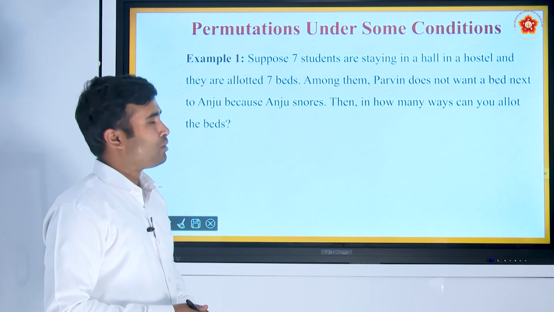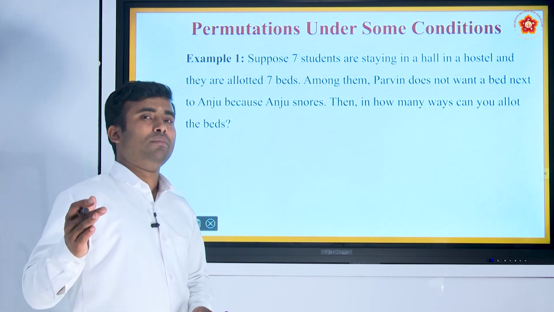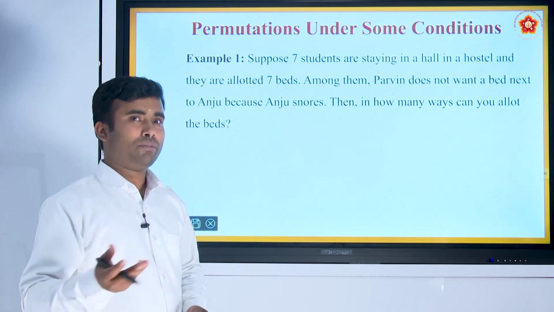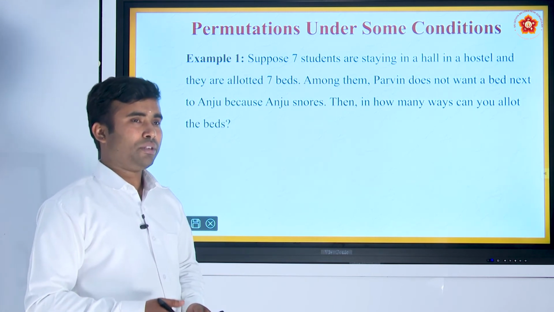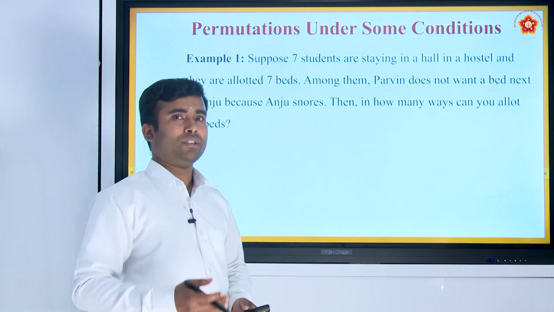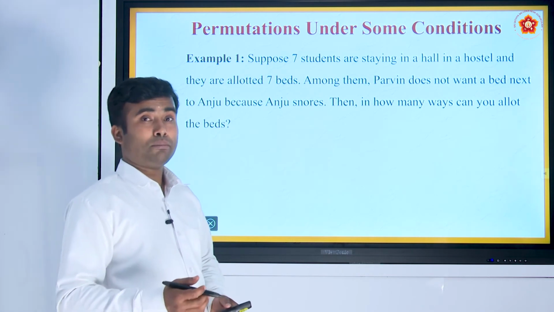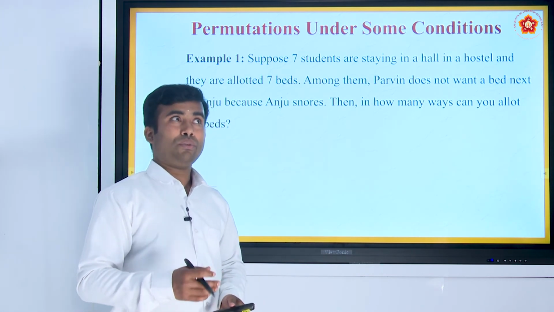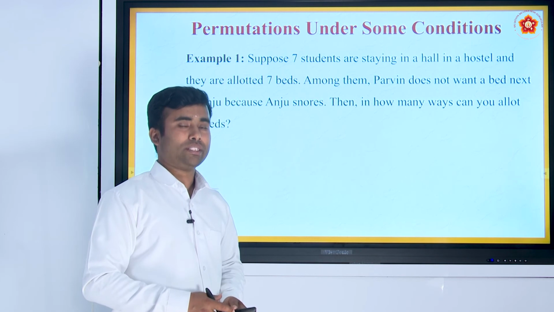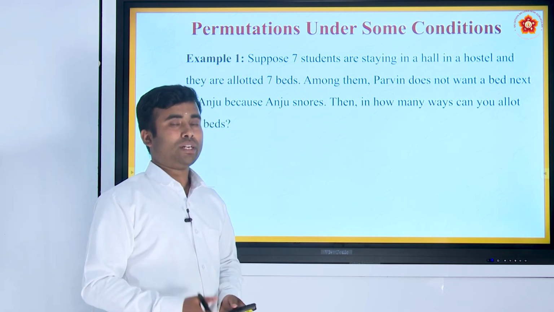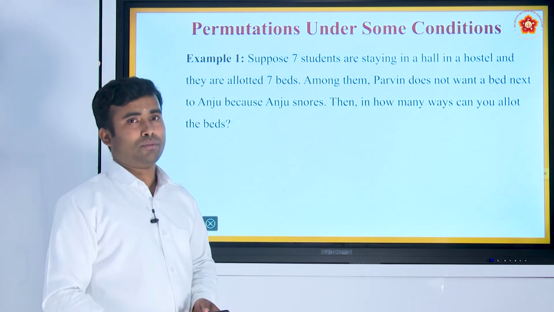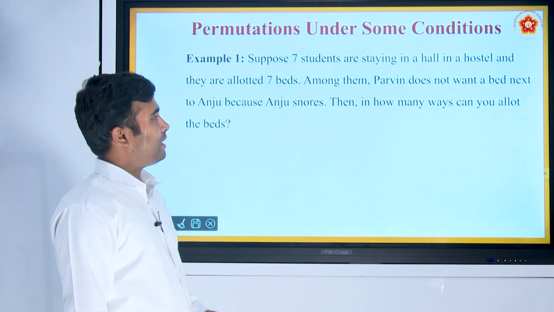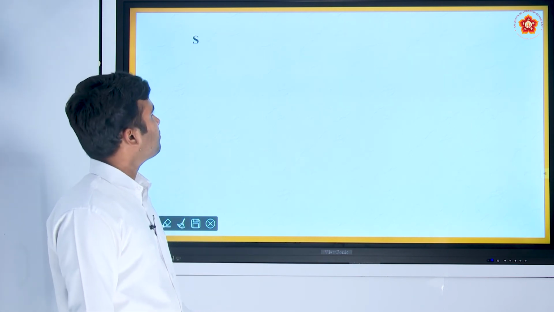And if I put Anju in bed number 7, or in beds 2, 3, 4, 5 and 6, what will be the number of ways I can allot the beds? So let's see all these 3 cases and find the number of ways I can allot the beds.